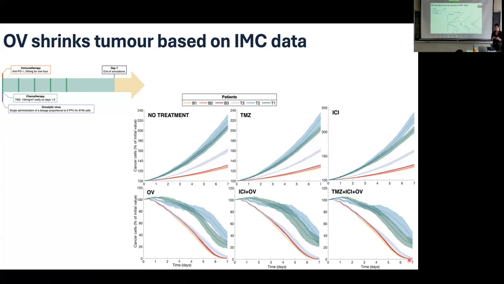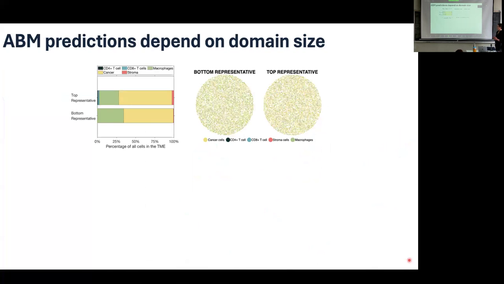What we realized is that the IMC samples are quite small, because they're slices of resections or biopsies taken from patients. So they're about 10,000 cells, and 10,000 cells is undetectable. We're talking about 10 to the 6 cells normally, or more, in a tumor. So we built representative patients where we blew up the proportions of the cells.